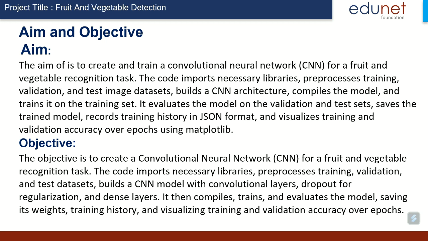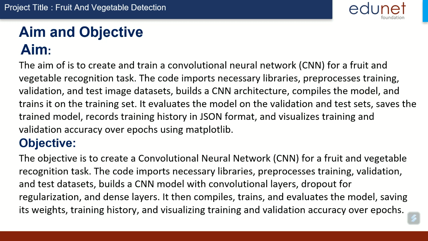The code imports necessary libraries, pre-processes training, validation, and test image datasets, builds a CNN architecture, compiles the model and trains it on the training set. It evaluates the model on the validation and test sets, saves the trained model, records training history in JSON format, and visualizes training and validation accuracy over epochs using Matplotlib.